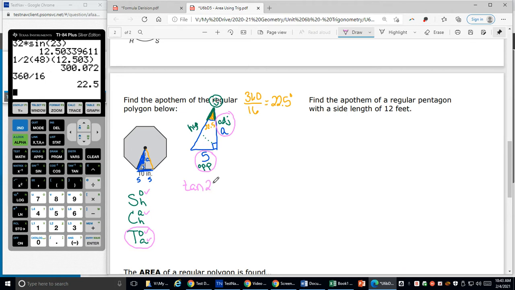Since I know the angle, I'm not using inverse. I'm going to be cross multiplying. My opposite is 5. My adjacent is A. Put this side over 1 and cross multiply. Since my A is in the denominator, I know I'm going to end up dividing. I'm going to do A times the tangent of 22.5.